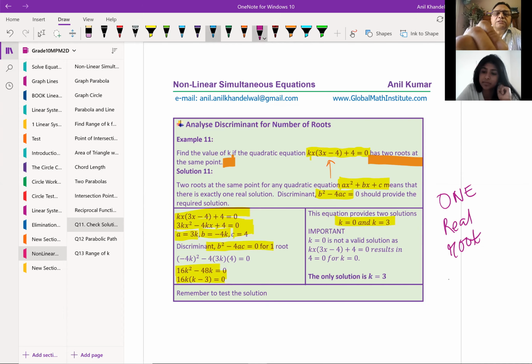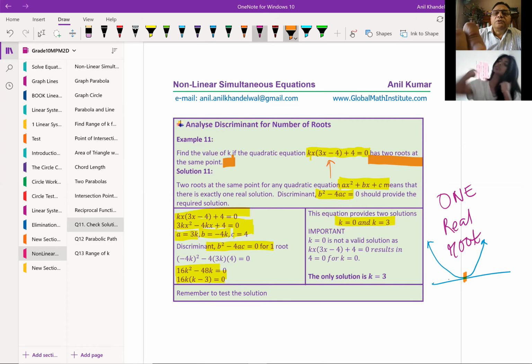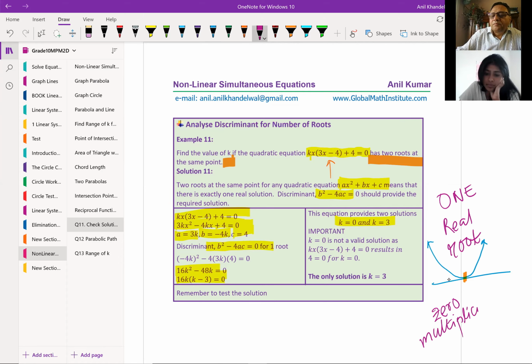So let me explain one point here. When we have a parabola going like this, is that clear to you? Something like this. Then at this particular point, we have a root. We normally say it is a 0, for example. And here the 0 has multiplicity of 2. You understand?